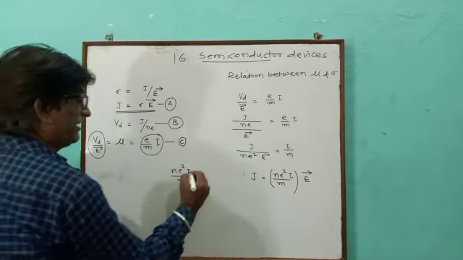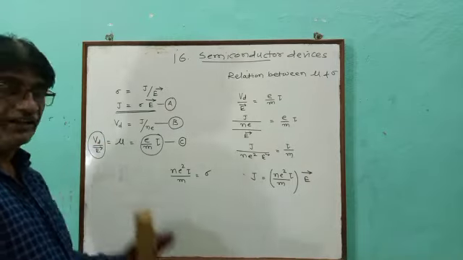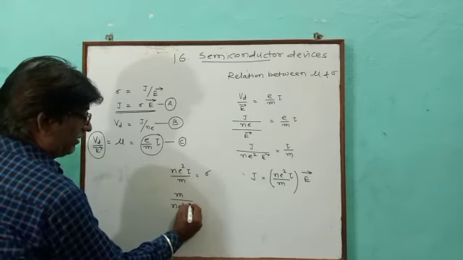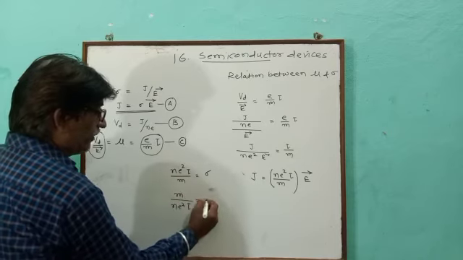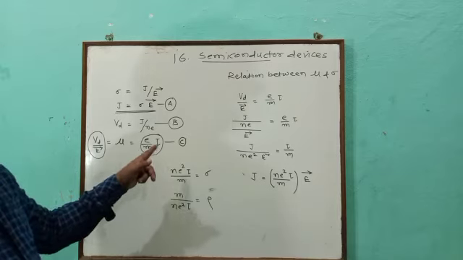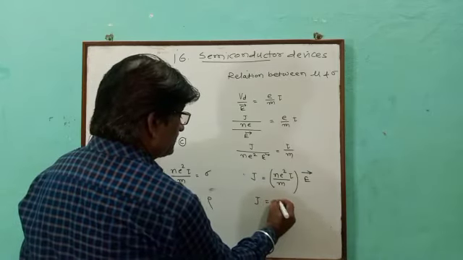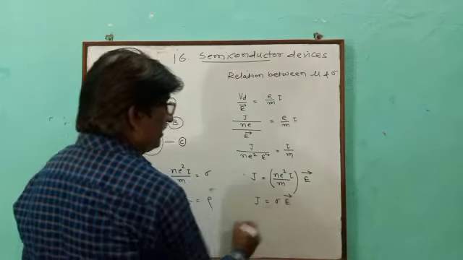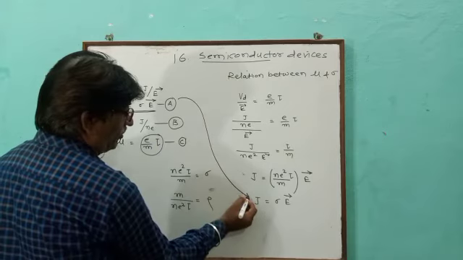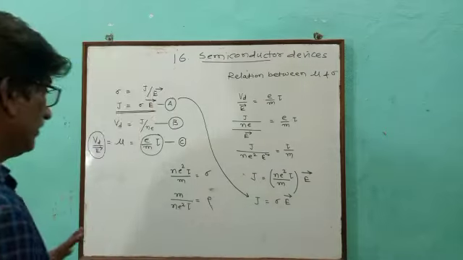If we rearrange, J equals n e square tau upon m, into bracket E. So the bracket term n e square tau upon m can be represented as sigma, called conductivity, or m upon n e square tau is said to be rho, that is resistivity. The reciprocal of resistivity gives us the conductivity. So here J equals sigma into electric field intensity, and equation A is equivalent to this relation J equals sigma E, which will be the same.